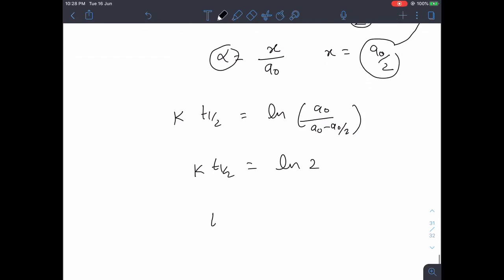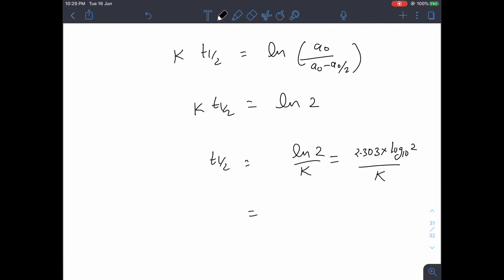Now from here, half life is equal to ln 2 by K, which is simply ln 2 means 2.303 into log base 10 of 2, and log base 10 of 2 is nothing but 0.3010. If you write this 0.3010 and multiply it, you will get 0.693 by K. Now this is very interesting.